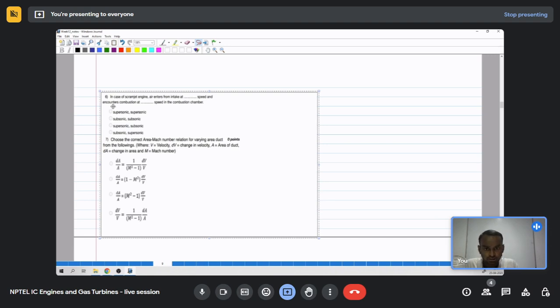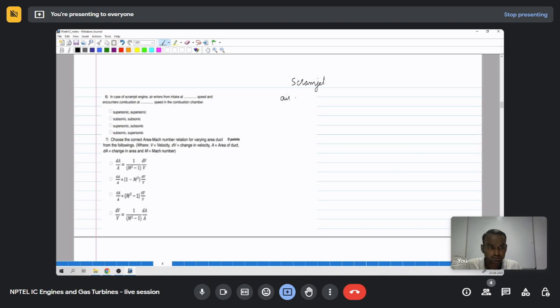So the sixth question is, in case of a scramjet engine, air enters from intake at supersonic or subsonic speed and encounters combustion at supersonic or subsonic speed. So for a scramjet, sir, intake and combustion both take place at Mach number greater than 1.